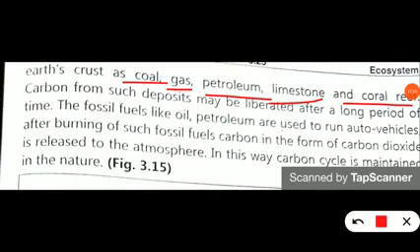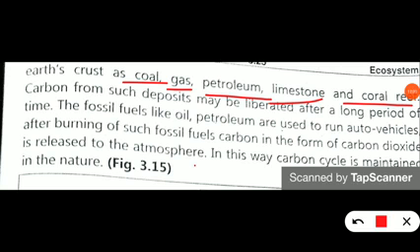Carbon from such deposits may be liberated after a long period of time. People did not know how to use coal, gas, petroleum and limestone until then, but in the next few decades, in the next 100 years, our consumption of coal, gas, petroleum and limestone changed drastically. These are available in plenty, and the carbon present in them you can use as fuel.